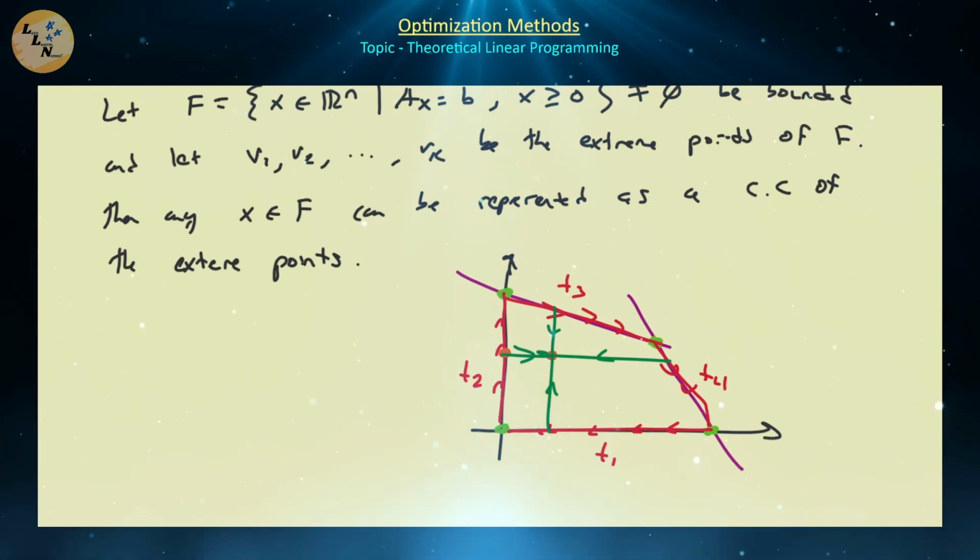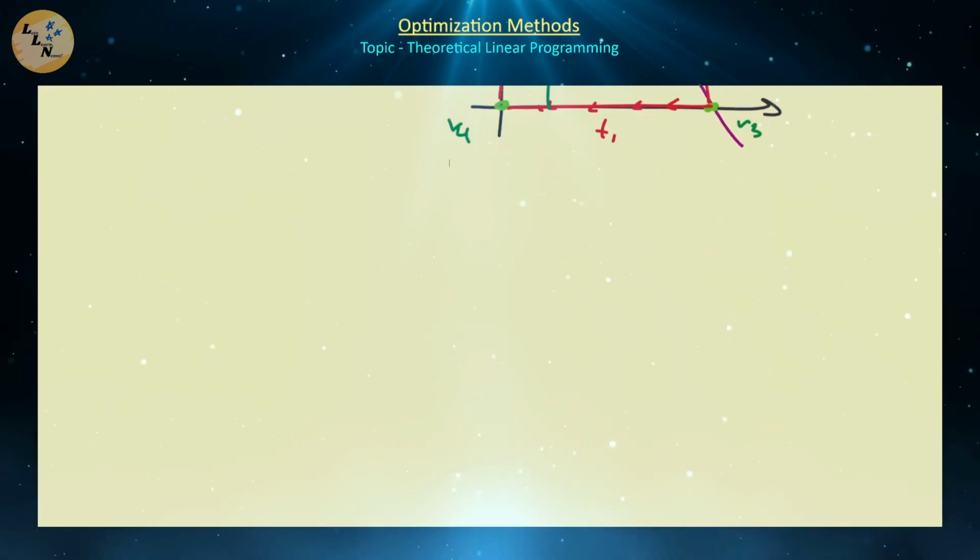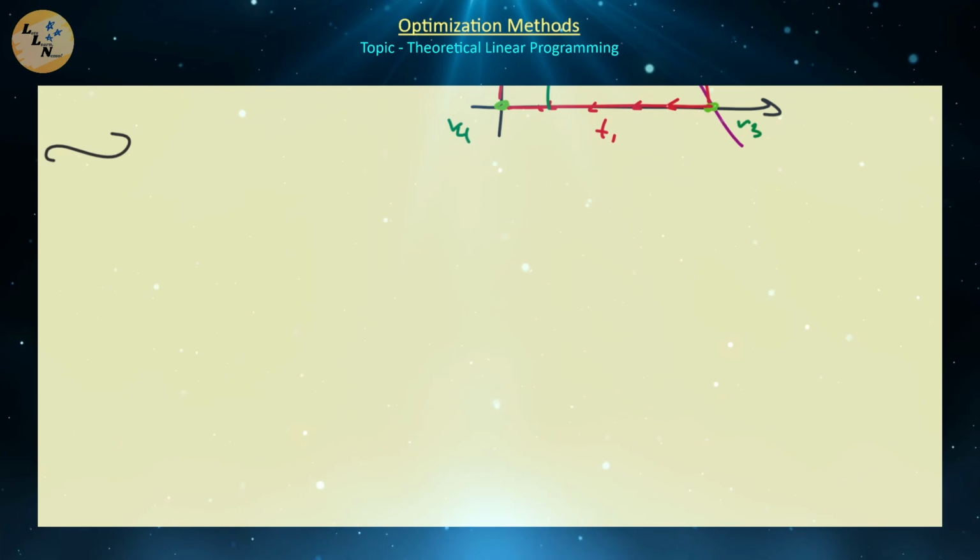We can represent this point A as a convex combination of V1, V2, V3, and V4. There are several different geometry applications, especially in computer science, that rely on the resolution theorem, which is actually pretty neat. Now, this next theorem really is the highlight of linear programming in terms of its application.